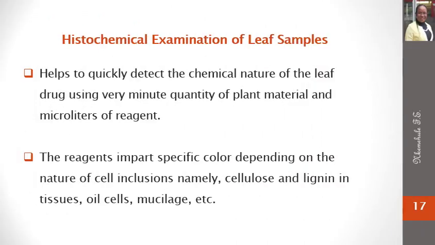Histochemical examination of leaf samples helps to quickly detect the chemical nature of the leaf drug using very minute quantity of plant material and microliters of reagents. The reagents impact specific color depending on the nature of cell inclusions, namely cellulose and lignin in tissues, oil cells, mucilage, and others.